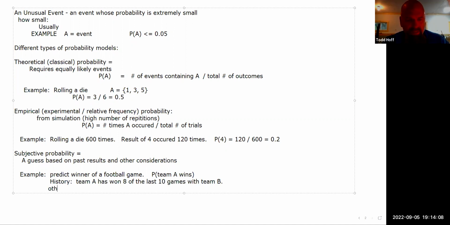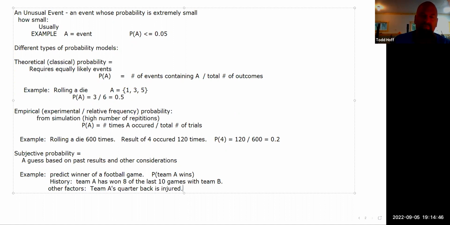But other factors, Team A's quarterback is out, is injured. So normally our history would say, well, Team A wins 8 out of 10. I'd say that's a 0.8 chance of winning. But with their quarterback hurt, that's going to reduce that. So we might take that down from a 0.8 chance of winning to maybe a 0.6 or 0.5 chance of winning, depending on looking back through history again of how many games does Team A win when their starting quarterback doesn't play.